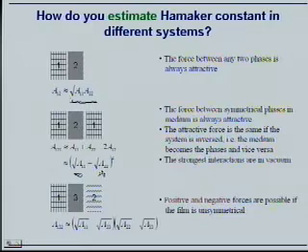Now, this expression is also symmetrical. You don't care whether this is A1 or A2. So this tells you that if you exchange the phases, you're going to have the same interaction. So air bubbles interacting across water would interact exactly in the same way as water droplets across air.